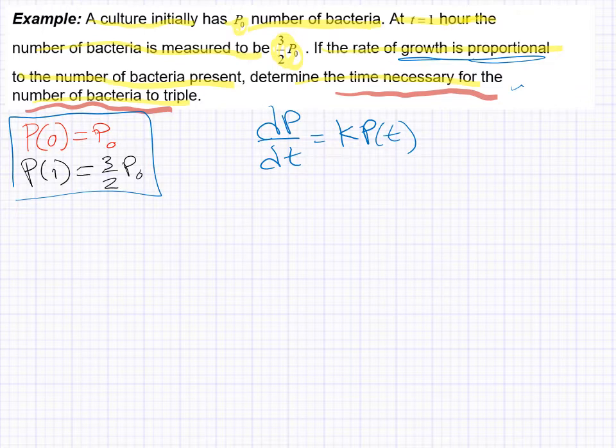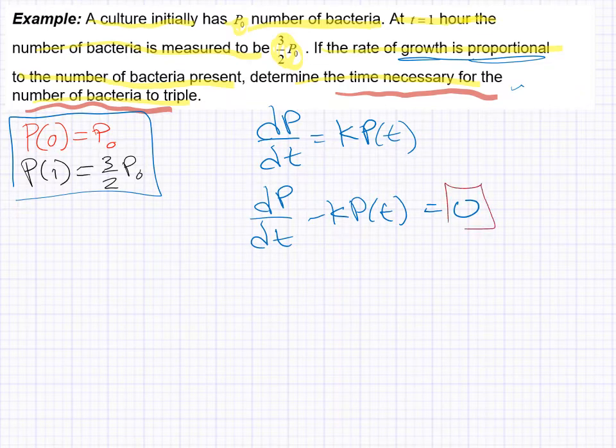So this is a linear equation. I could rewrite this as dP/dt minus kP of t equals 0. P is my dependent, t is my independent. You see this is my standard linear form where we're equal to 0 on this side.